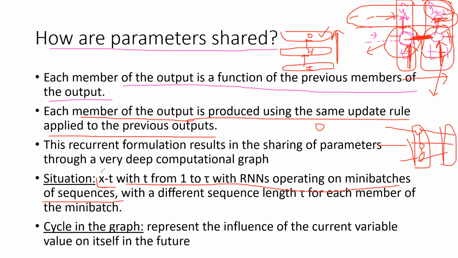So I start with some data x minus t at x minus t timestamp, then x minus t plus 1, x minus t plus 2, x minus t plus 3, x minus t plus 4, and so on until I finish my sequence. So अगर आप कहते हैं कि my input data is going to contain 4 timestamp values, and then I'm going to make a prediction for the 5th timestamp value, or I'm going to input 4 words and then I'm going to make a prediction for the 5th word. Okay, so you can model the recurrent neural network to follow this architecture.